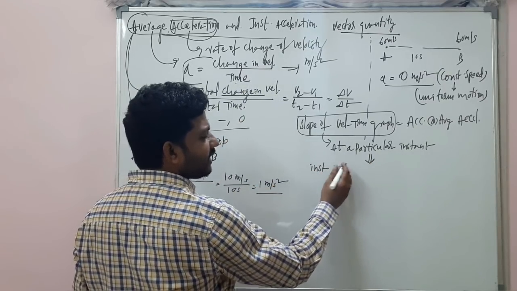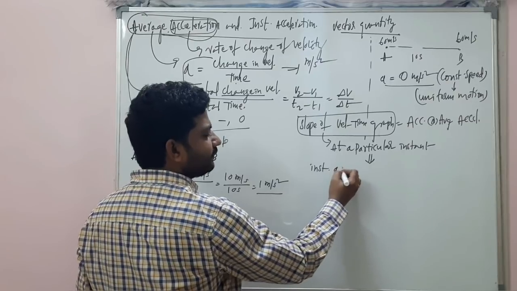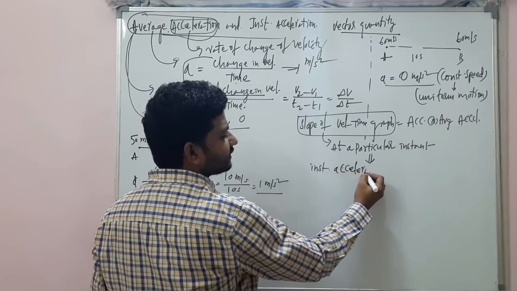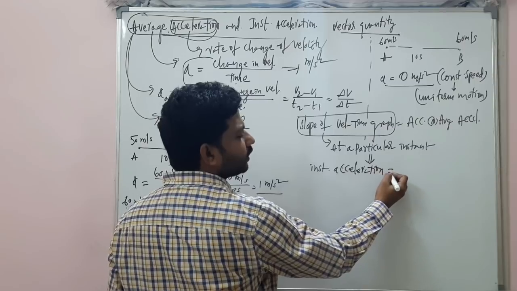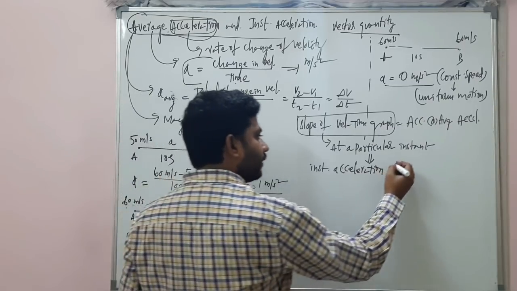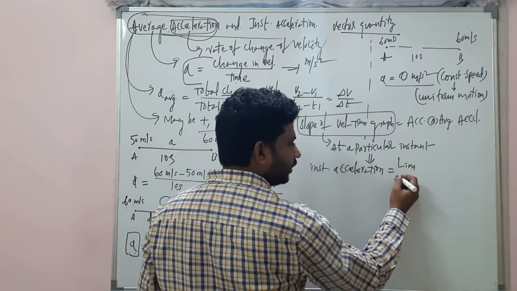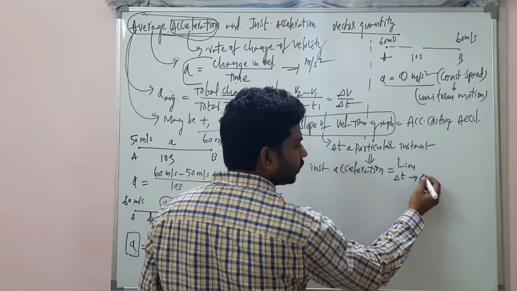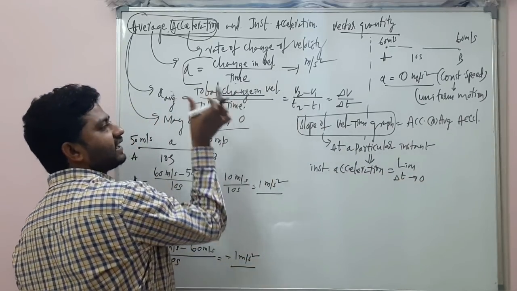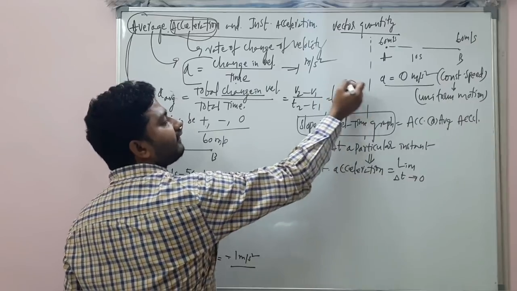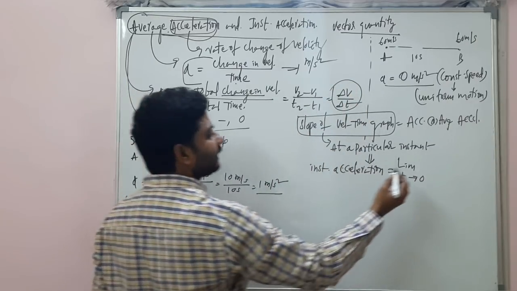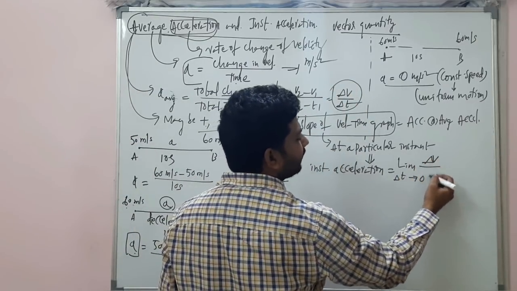instantaneous acceleration. What is that? Instantaneous acceleration. So that you can write as limit delta t tends to 0 of average acceleration, delta v by delta t.